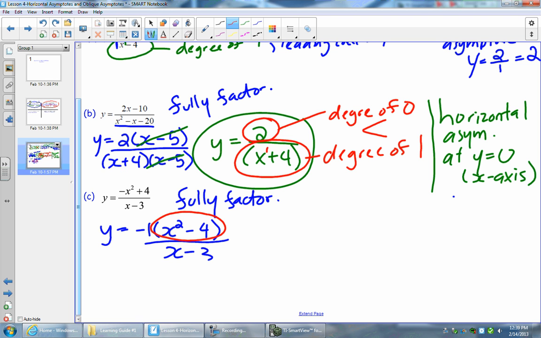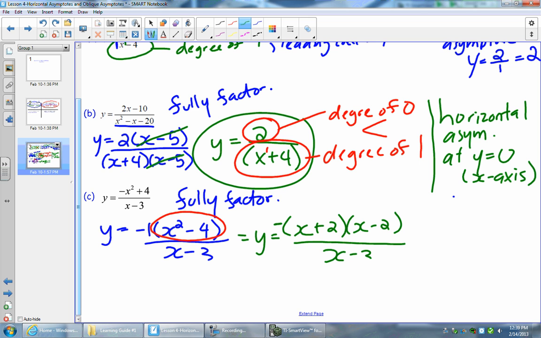So you could factor a difference of squares, and that's going to become y is equal to negative 1 times x plus 2 and x minus 2, and that's all going to be over x minus 3. Oh, sorry, there's a negative there. So we fully factored it, but it looks like we don't have anything to cancel out here, so we're just going to leave it like that.